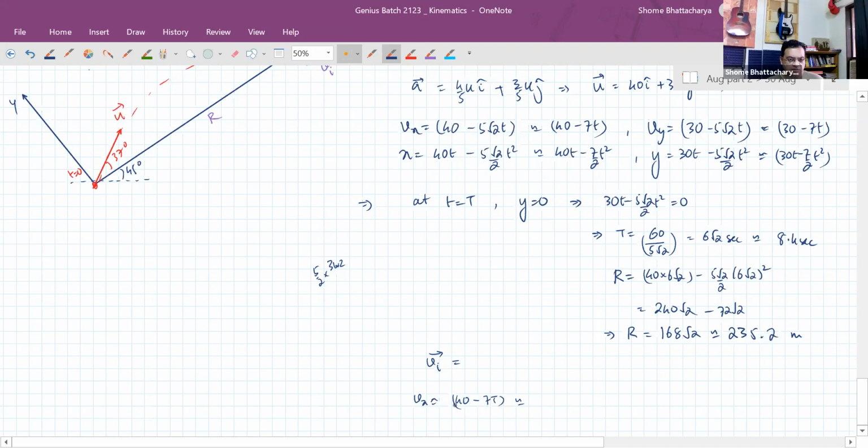So interestingly, this will become a negative quantity. I'll show you in the actual diagram why it will become a negative quantity. The y component obviously has to be a negative quantity.